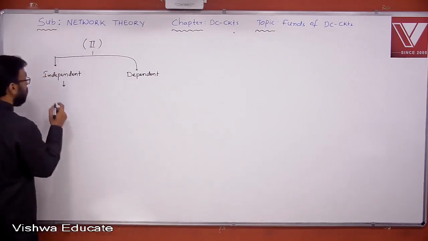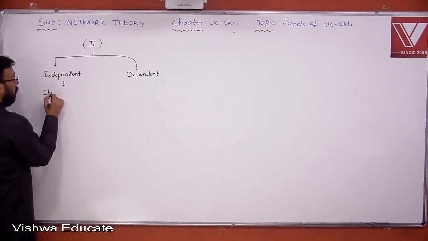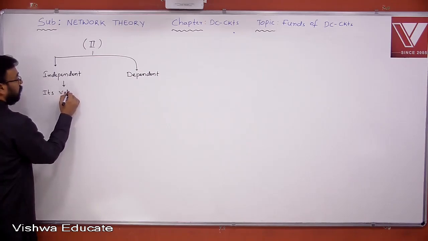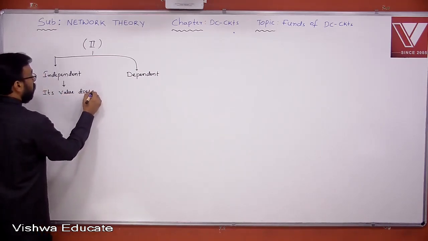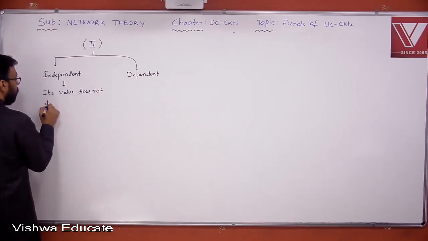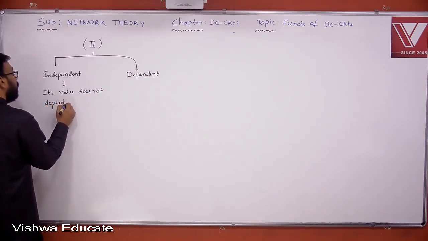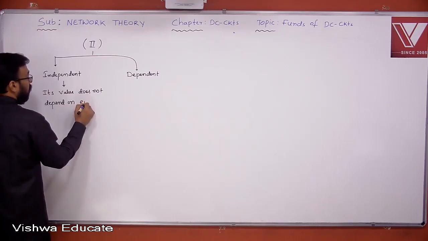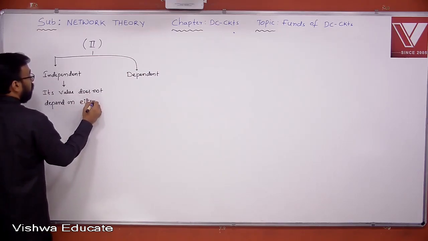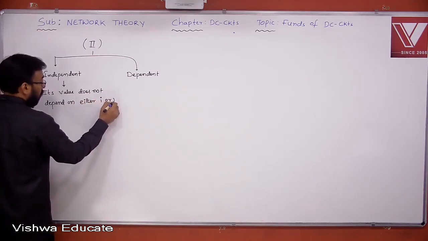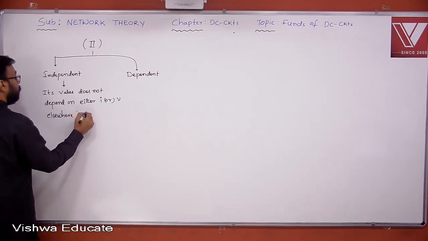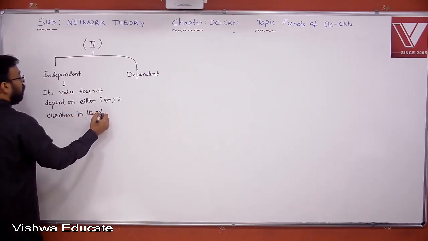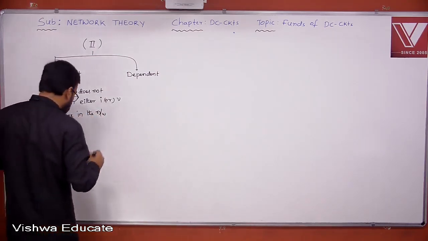So independent source means, okay, its value does not, please take down, does not depend on either current or voltage elsewhere in the network. Okay, elsewhere in the network.